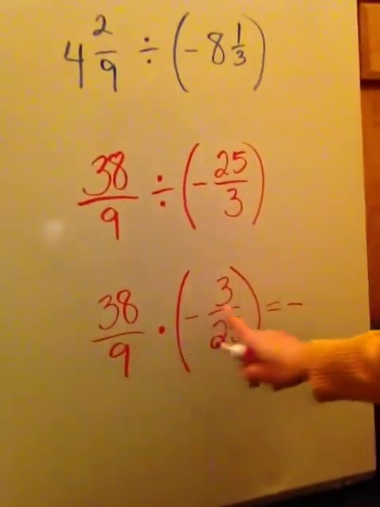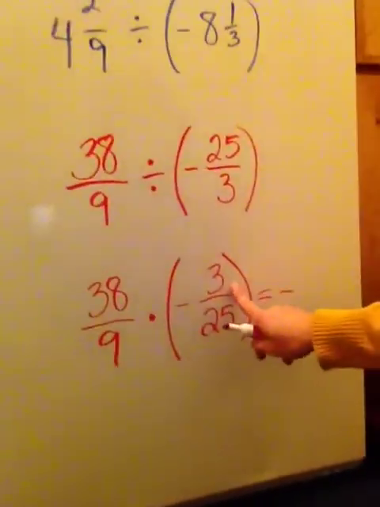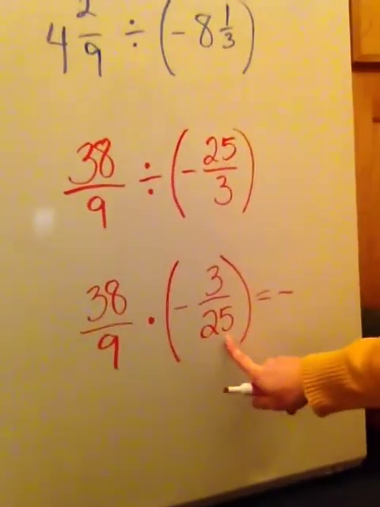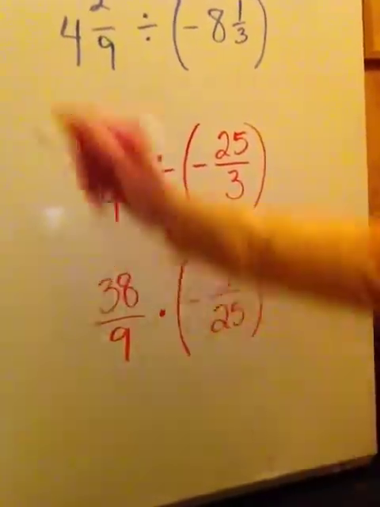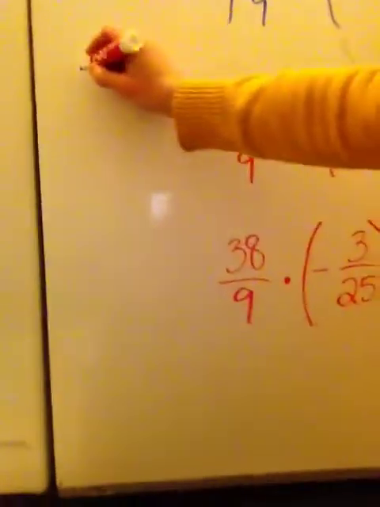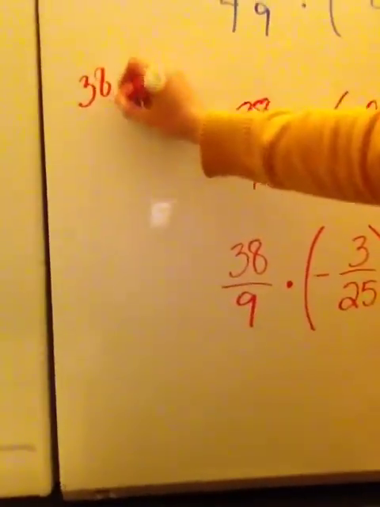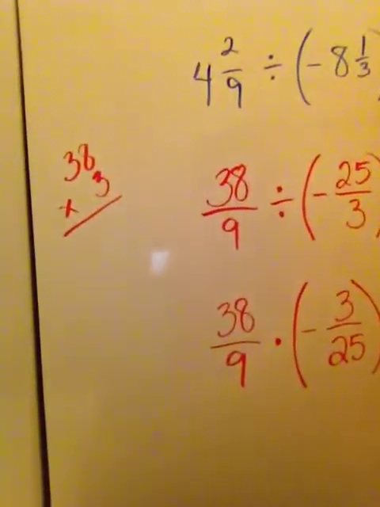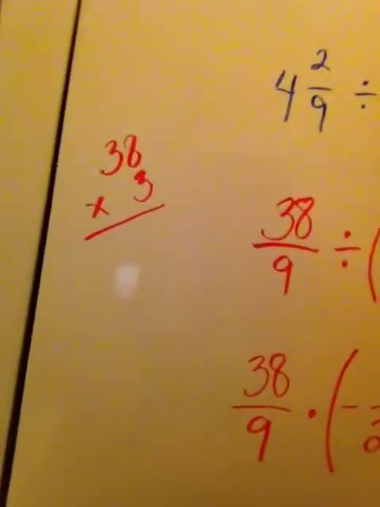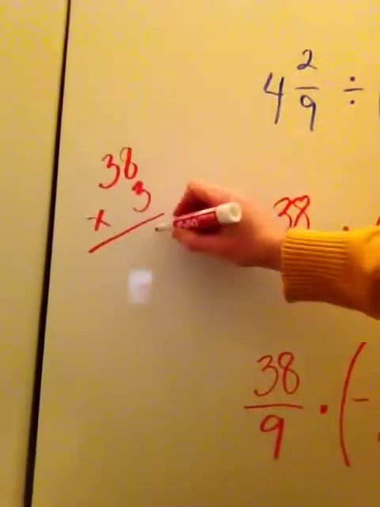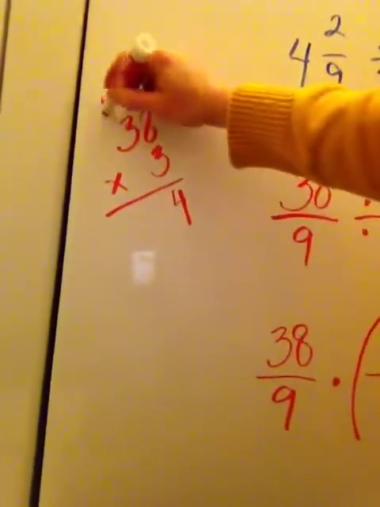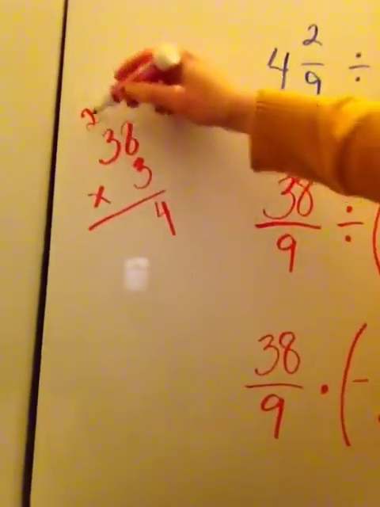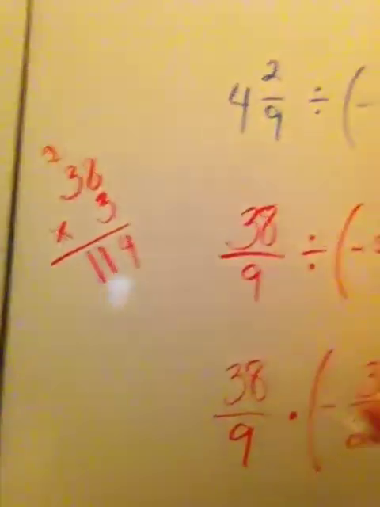Now I need to do 38 times 3 and 9 times 25. So I'm going to do those to the side. If you notice canceling, go ahead with that if you're comfortable with that. 3 times 8 is 24. 3 times 3 is 9 plus 2 is 11.